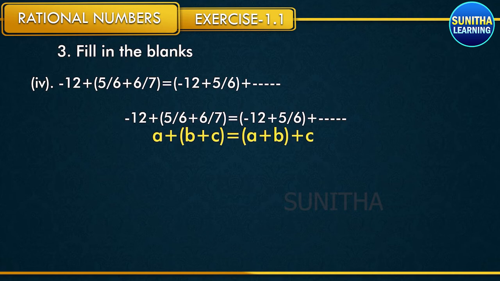Like in the first case, that is LHS, B and C are grouped as one entity, and in the second, that is RHS, A and B are grouped as one entity.